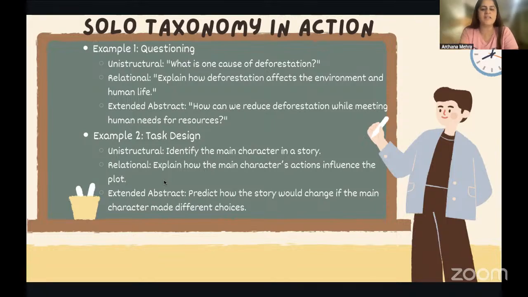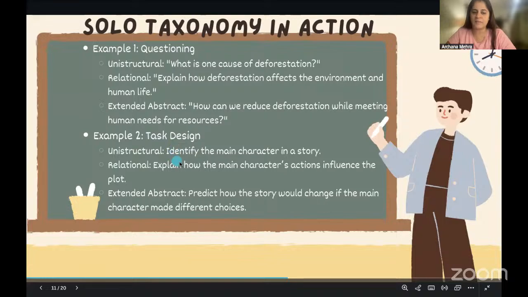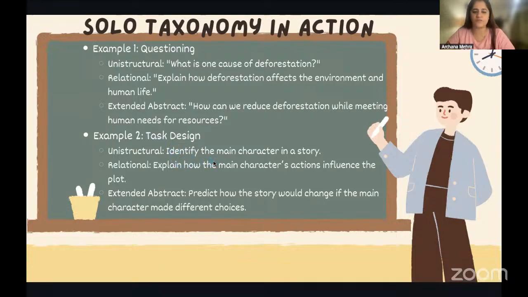So relational is: explain how deforestation affects the environment and human life. Extended abstract would be: how can we reduce deforestation while meeting human needs for resources. There is another example given in relation to language. It says, identify the main character of the story. That would be your unistructural level.